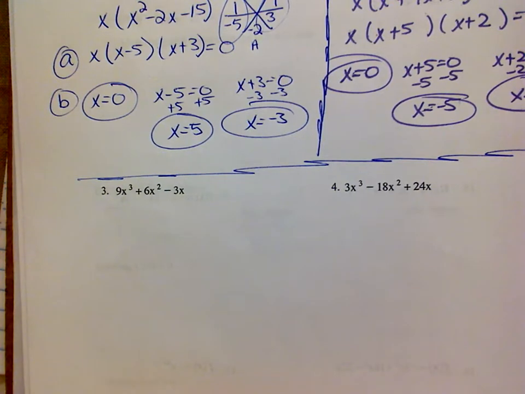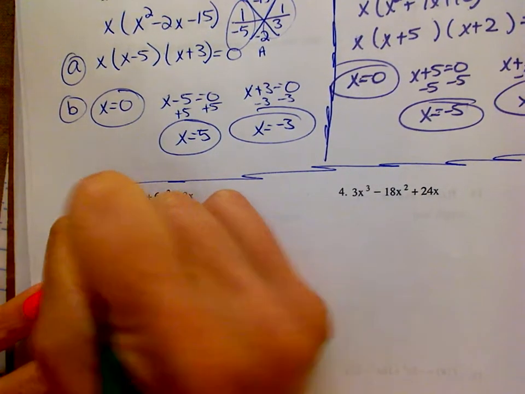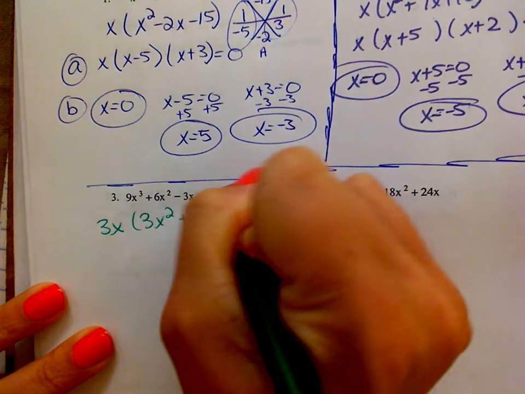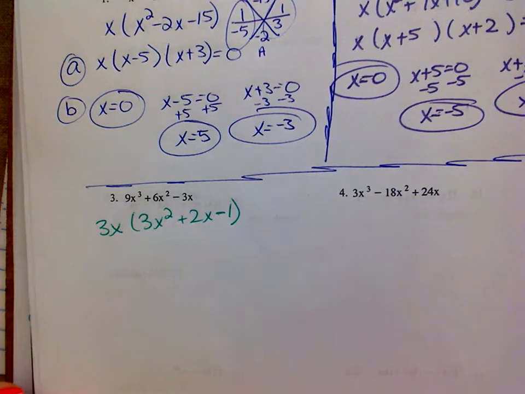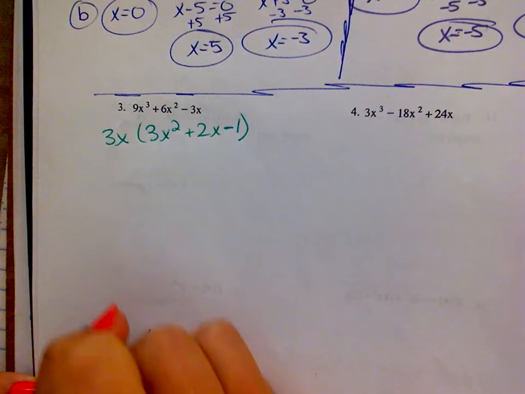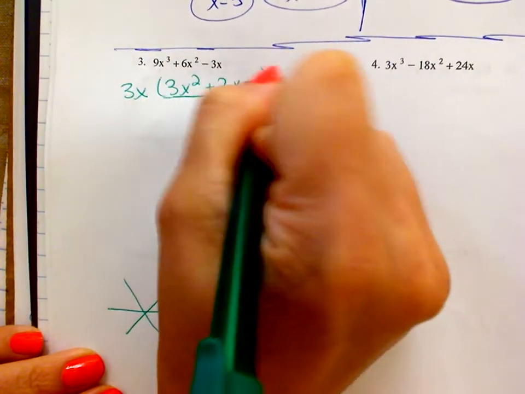Number 3, hopefully you realize that those numbers are all divisible by 3 and they all have an x. So if we take out a 3x, we're left with 3x squared plus 2x minus 1. This one I am definitely going to use the star method for. I'm going to do the star method down here in all this space, with just this part here.